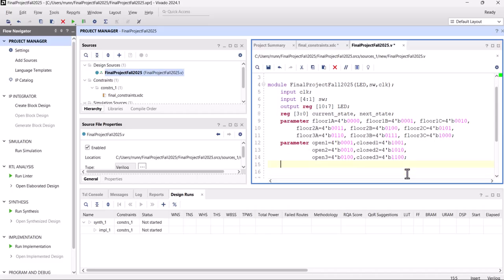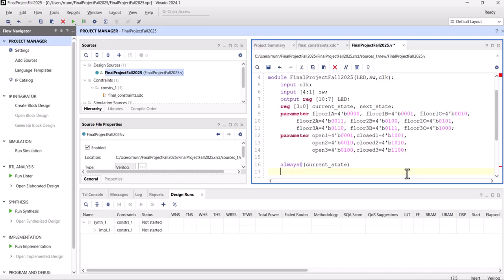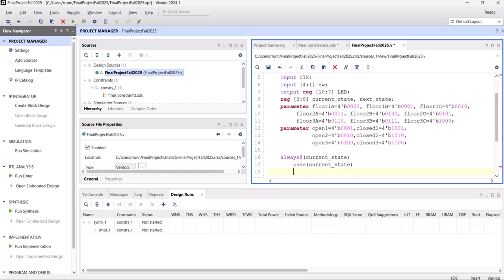And your first always block is going to be always at current state. Case current state. So this one is going to be to set your outputs.